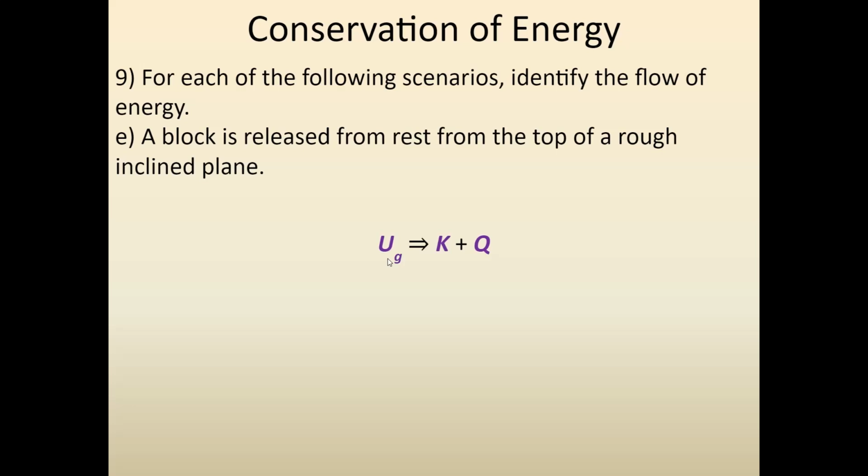I can use it to figure out what the initial potential was. I could use this to figure out what the heat is. But the idea is that we would set the energies equal to each other once I know what this flow of energy is. So that's one of the reasons why I talked about this and why I said it can be very useful for you to keep track of what the flow is in a problem, even though you may not be asked specifically to identify the flow of energy.